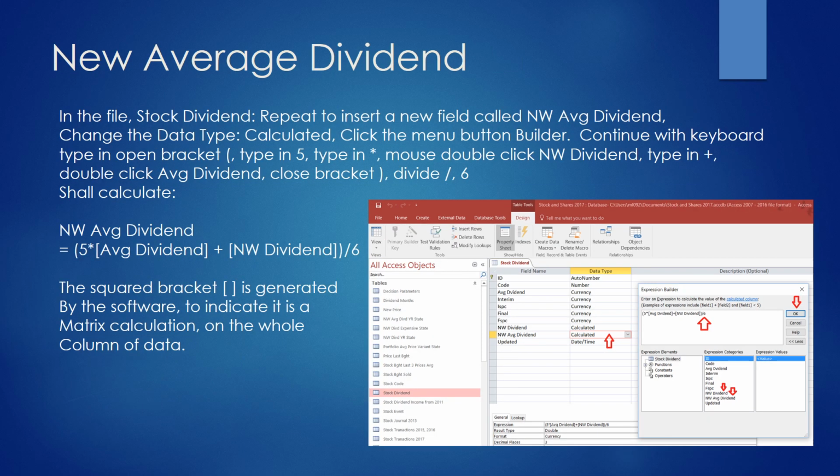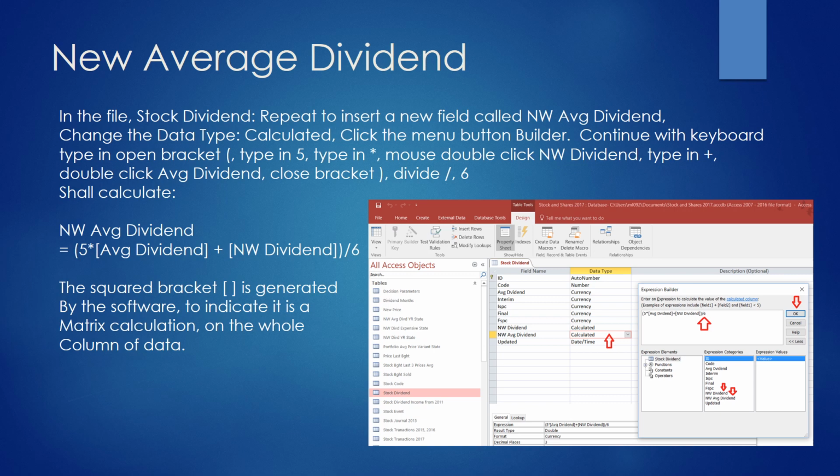New average dividend. In the file Stock Dividend, repeat to insert a new field called NW Average Dividend. Change the data type to Calculated. Click the Menu button, Builder. Continue with keyboard, type in open bracket, type in 5, type in star as multiply.